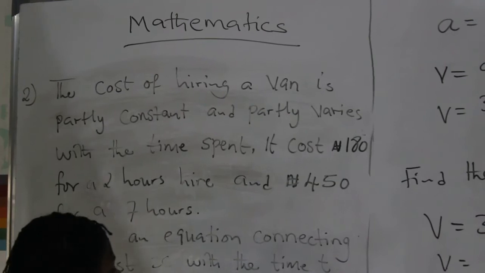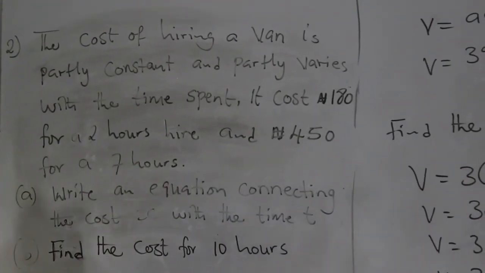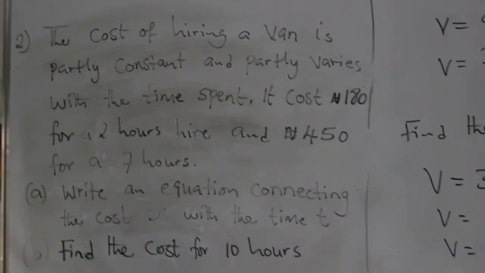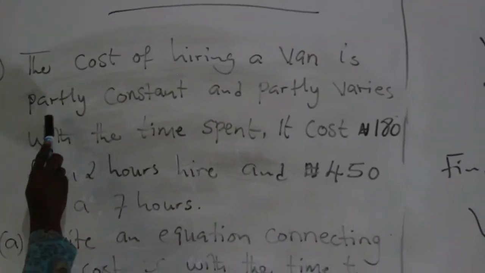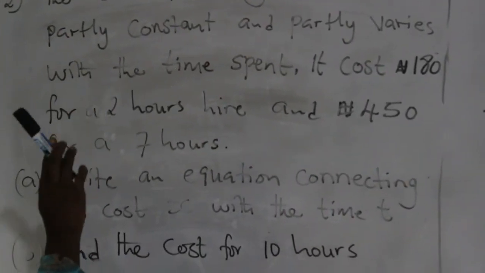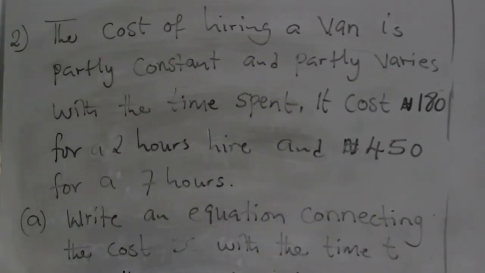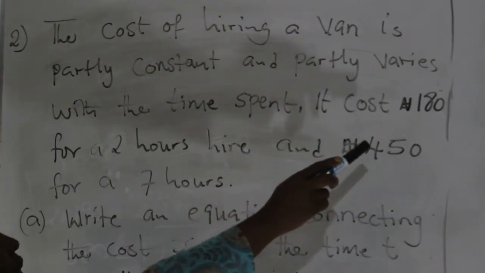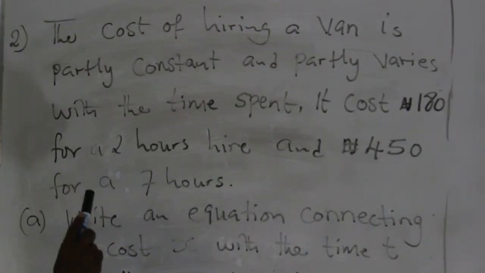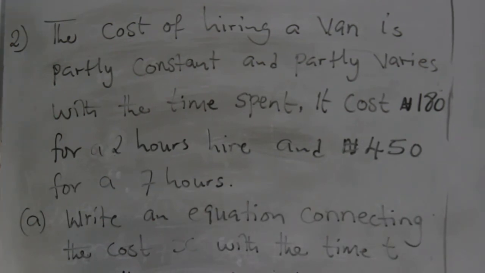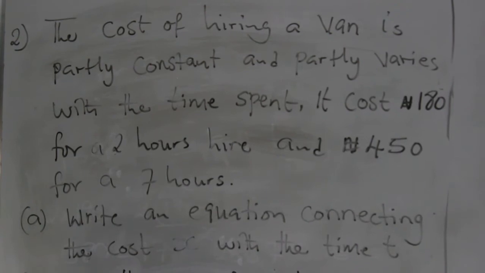Example 2. The cost of hiring a van is partly constant, which means part is constant and partly varies with the time spent. It costs 180 naira for a 2 hours hire and 450 for 7 hours.